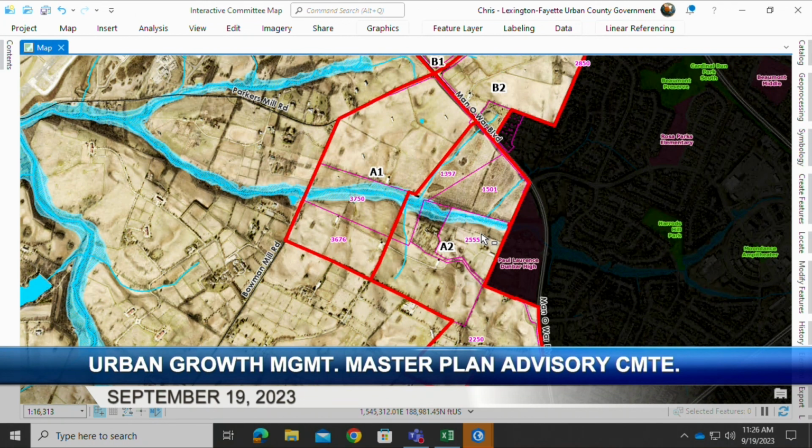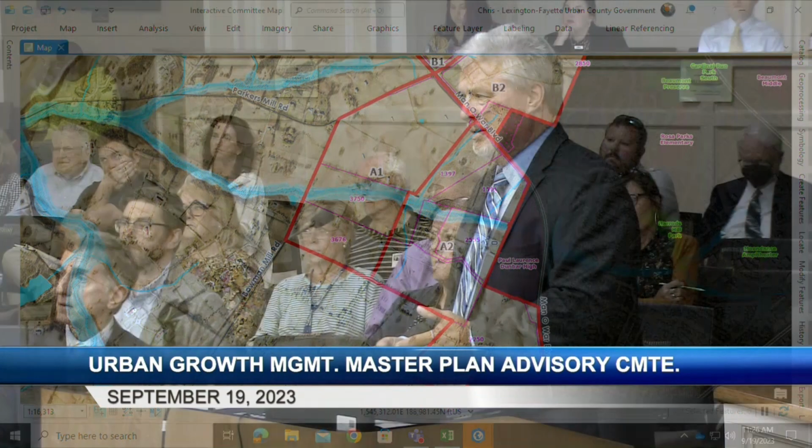And that's how B gets into A, by pumping down Man of War and dropping into what would be a future gravity sewer. Does that make sense? That's not really the question I'm trying to ask, I'm trying to talk about horse trading here.